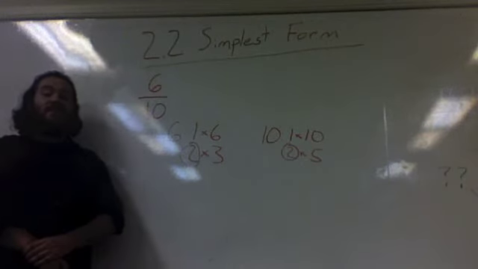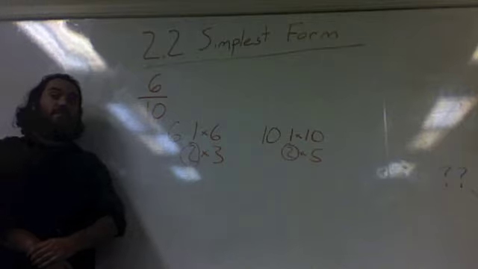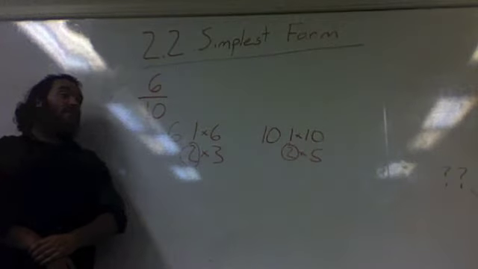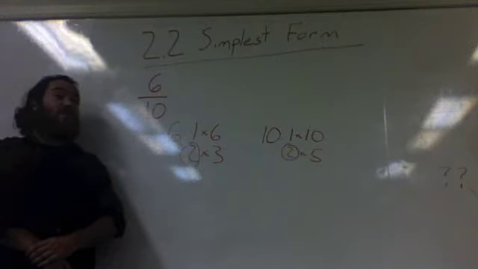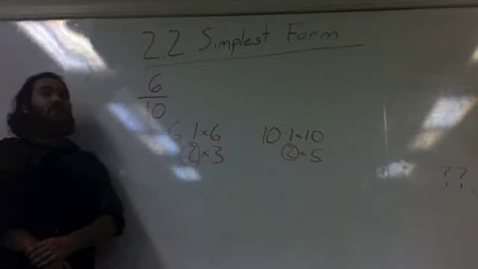As you can see, the greatest common factor of 6 and 10 is 2. So what we're going to do is divide the numerator and denominator of this fraction both by 2. It's important to remember that whatever you do to the numerator of a fraction, you have to also do to the denominator.